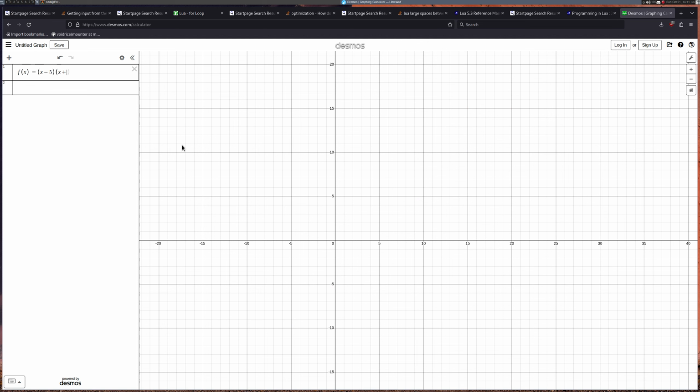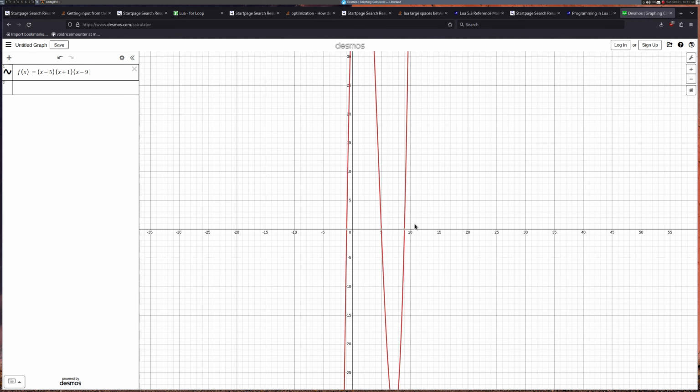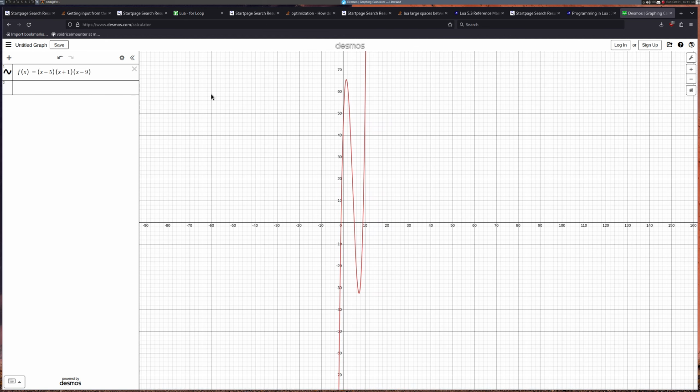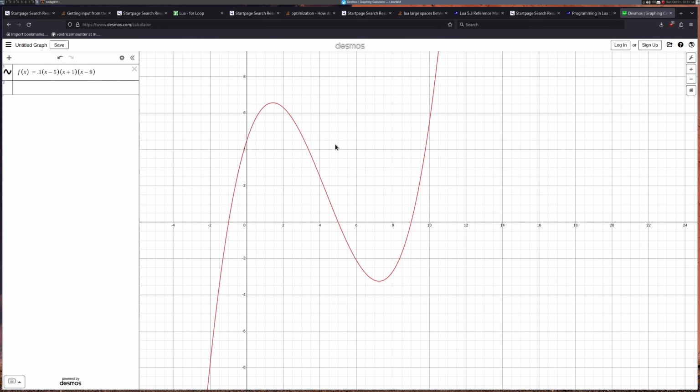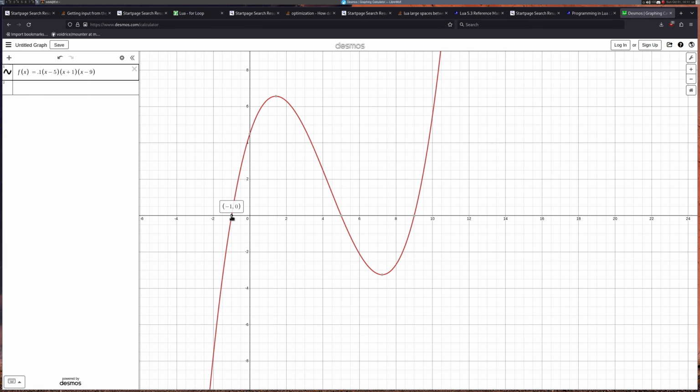Let's just make it a cubic, +1, and with all real roots. Let's keep it like that. Alright. I think it makes it easier to see. Now we have -1, 5, and 9 as roots.